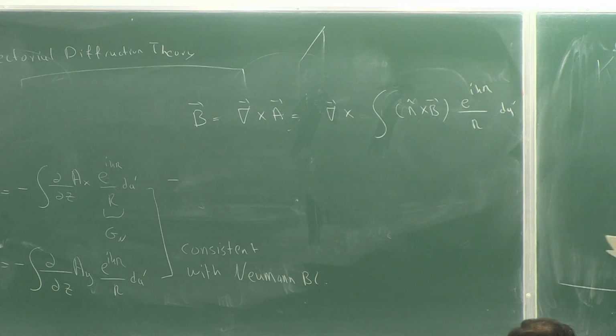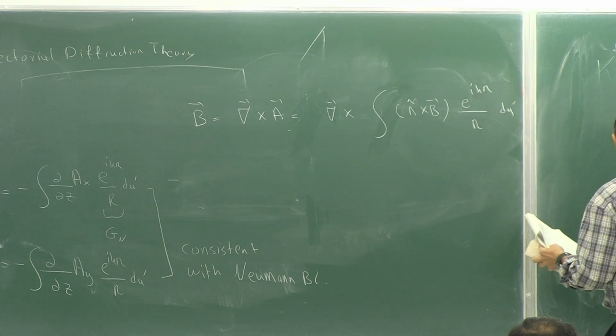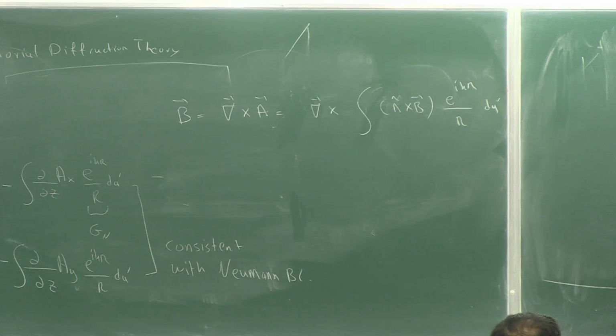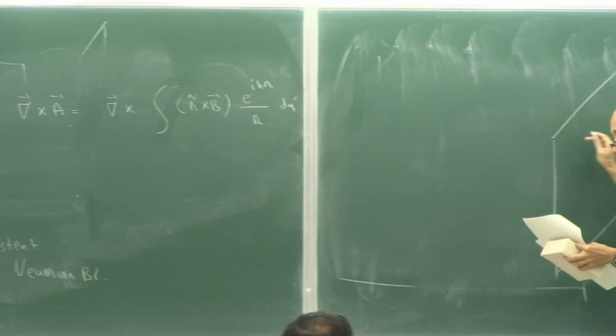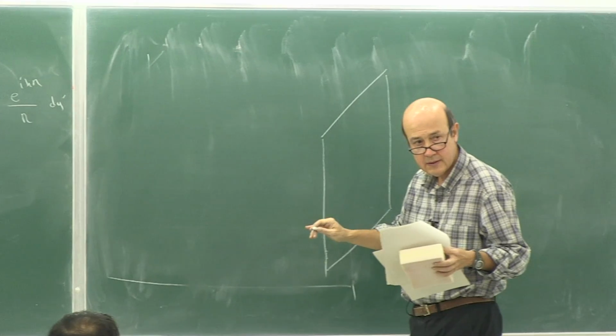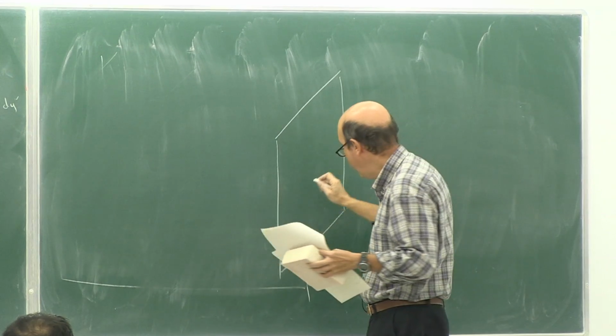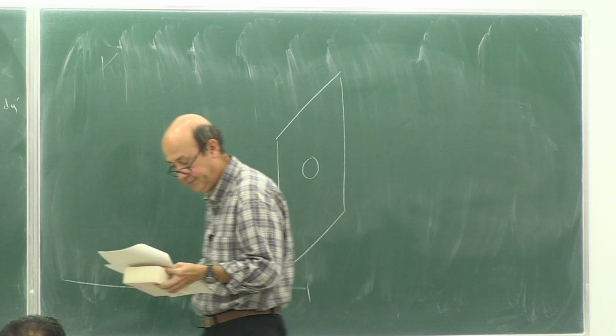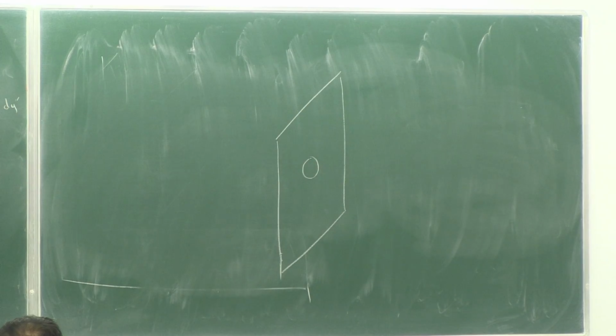Now let us make a small circular hole in the flat screen. Let us make a flat circular hole. So this was our original screen. It was closed. Now make a circular hole. If you make a circular hole, you have to satisfy the boundary conditions.